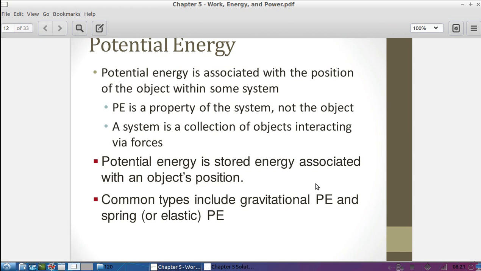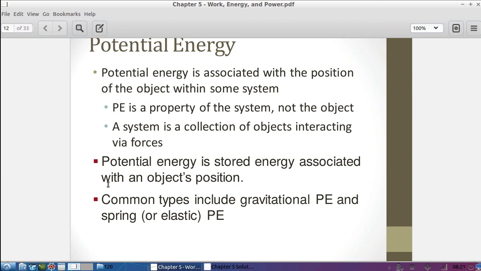So it's defined by the system, not just the object, but by the objects in the system and the reference frame and the coordinate system. We'll talk more about this later in the semester. They're massive objects exerting gravitational forces on each other, so there's a potential energy associated with how those objects are interacting as well.